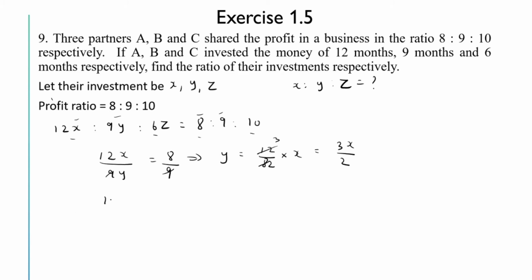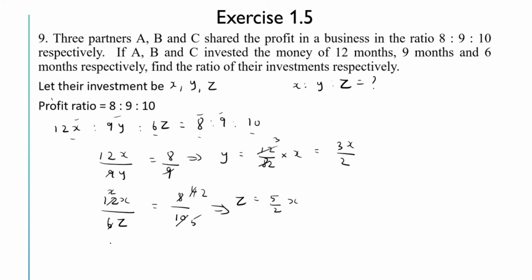So we have 12x by 6z is equal to 8 by 10. This will go 2 times and here 4 and 5. Again these two will go 2 times. So from this we get z is equal to 5 by 2 x.